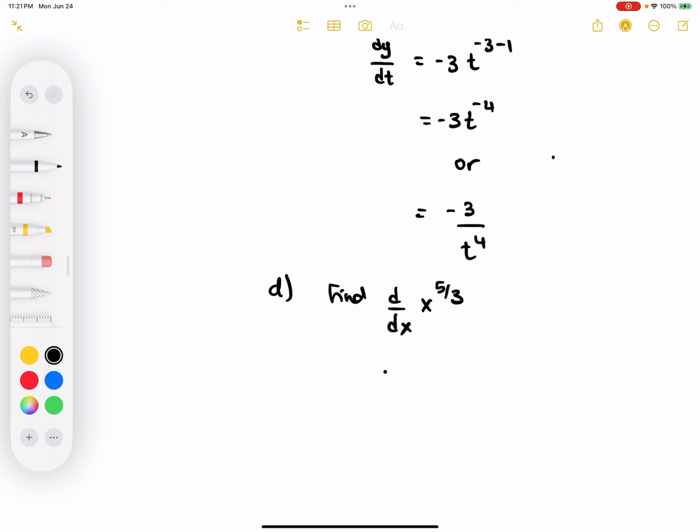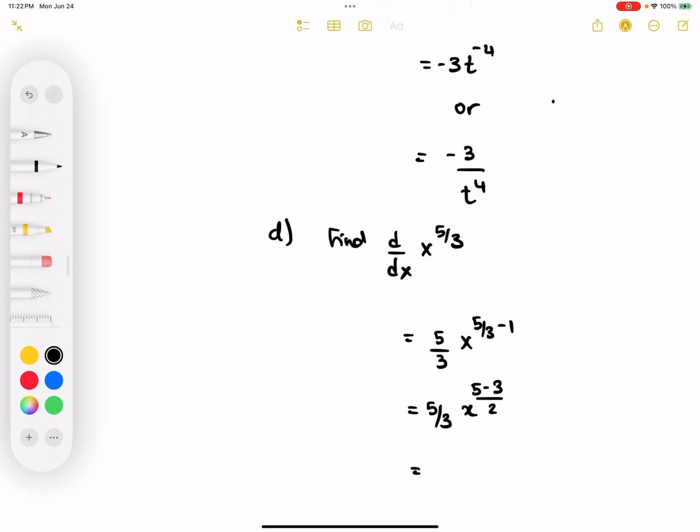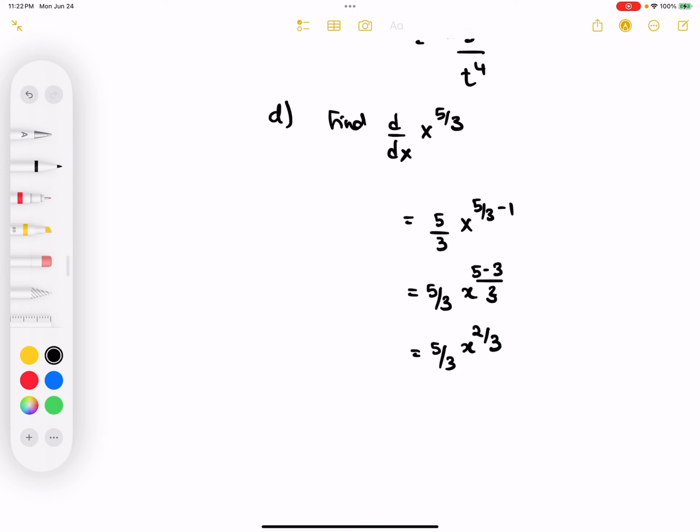This means it is 5 over 3 down, x to the 5 over 3 minus 1. 5 over 3 minus 1 is 5 minus 3 over 3, which is 2 over 3. So the power rule is a simple rule in derivatives. So you can do it.